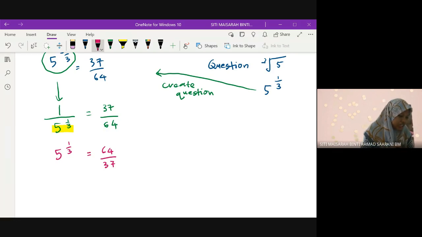So finally, it needs to be correct to 1 decimal place. So what is your answer?